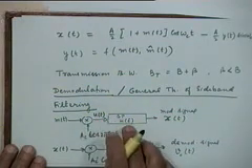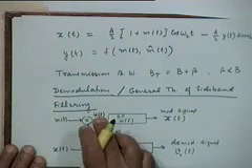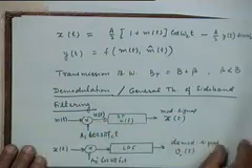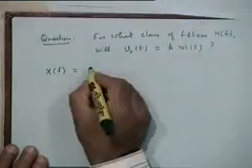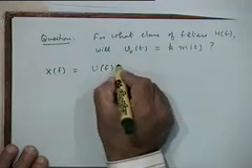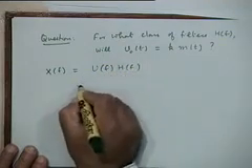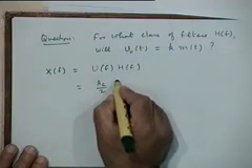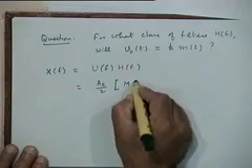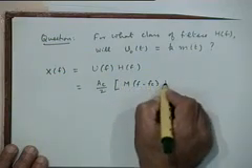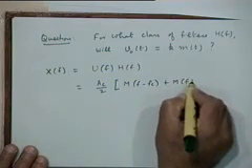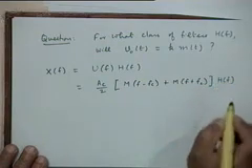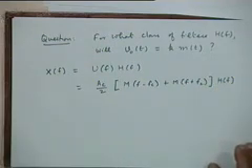It is U(f) into H(f), and U(f) I know is the spectrum of the modulated DSBSC signal. So X(f) would be equal to U(f) H(f), which is A_c by 2 times the message spectrum translated to f_c plus the message spectrum translated to minus f_c, that into H(f). That is the spectrum of your transmitted signal.